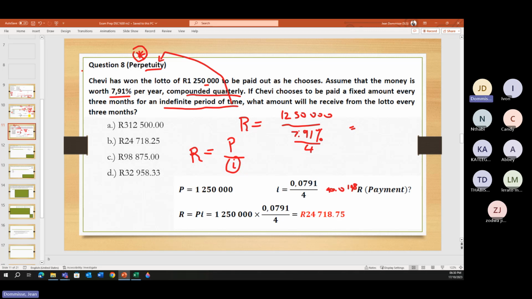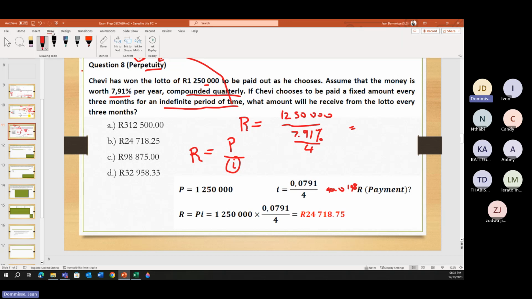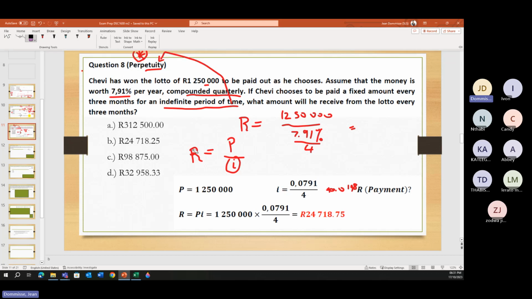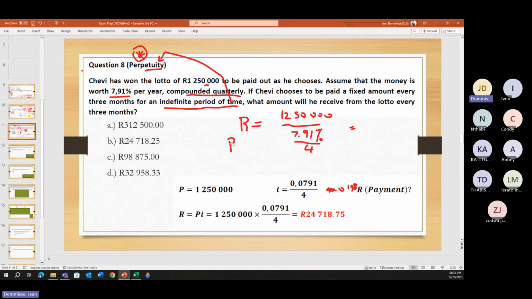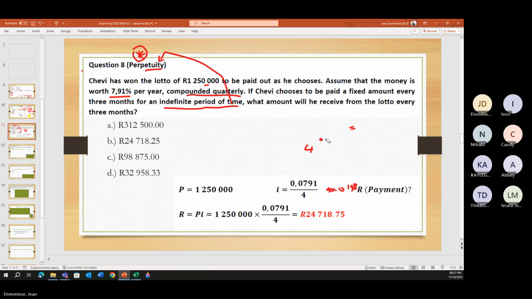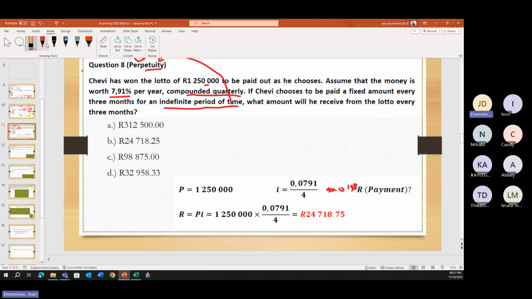okay, so let me quickly, so I was right the first time, sorry. Now that I start working out the answer, I can see the formula I've written down was wrong.